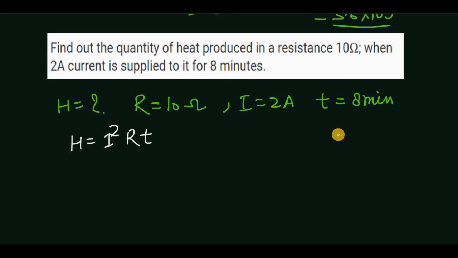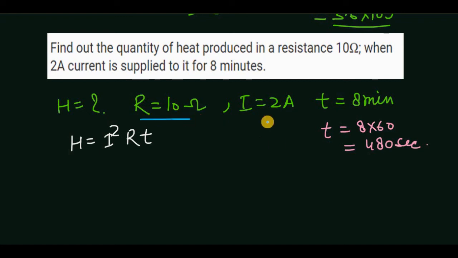In Joule's law of heating, what is the unit of time? Second. So time you can change here. 8 minutes means 8 into 60 seconds, and then that will be 480 seconds. Okay, now time is 480 seconds.